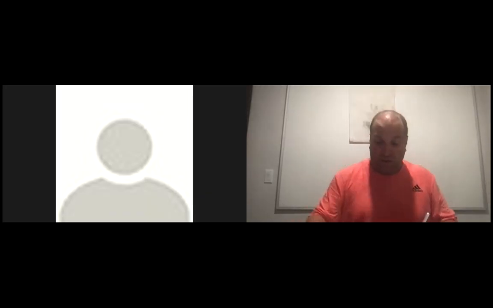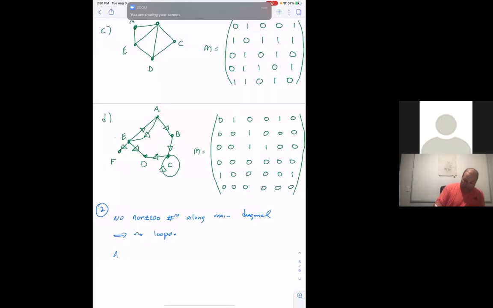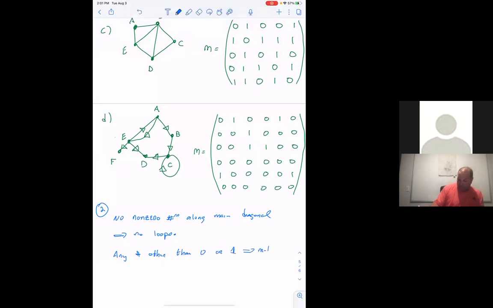The same holds for a directed graph. So if there's anything other than a 0 or 1, then you automatically would not have a simple graph. So any number other than 0 or 1 implies that we have a multigraph.